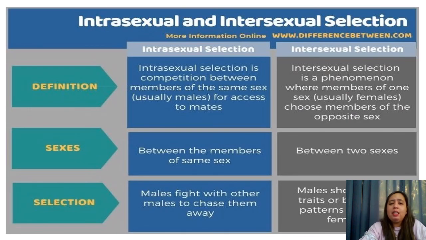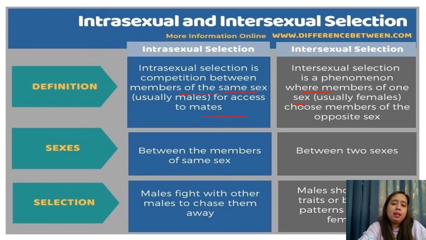Intrasexual selection is competition between members of the same sex, usually male, for access to mates. Intersexual selection is where members of one sex, usually females, choose the opposite sex. So in intersexual, there's a female choice.